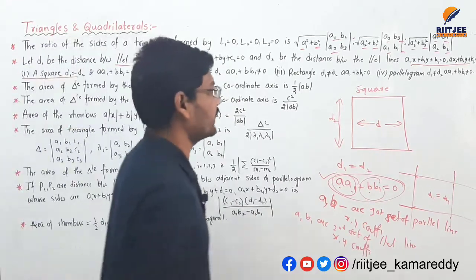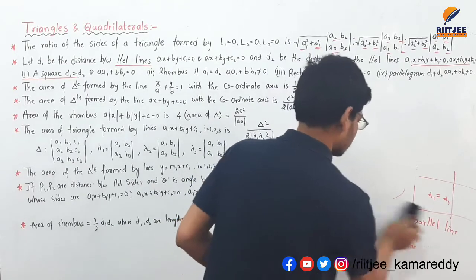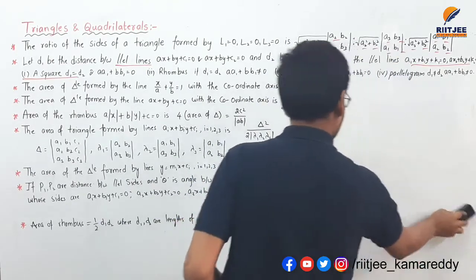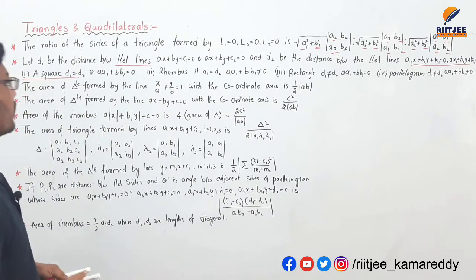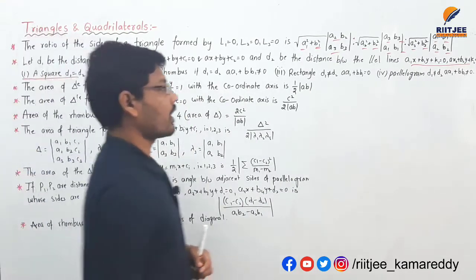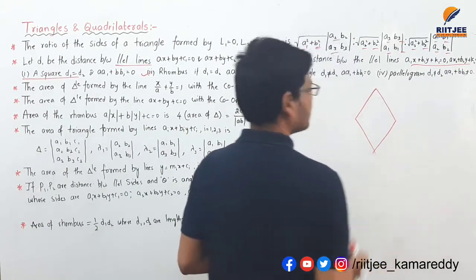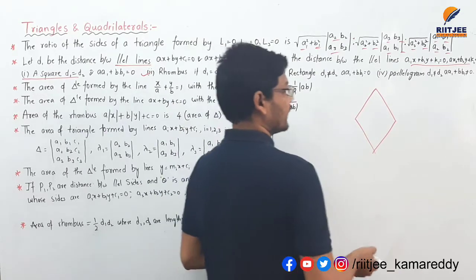And the second point is, see here, the second point, rhombus. This is a rhombus. Rhombus has all the sides equal.